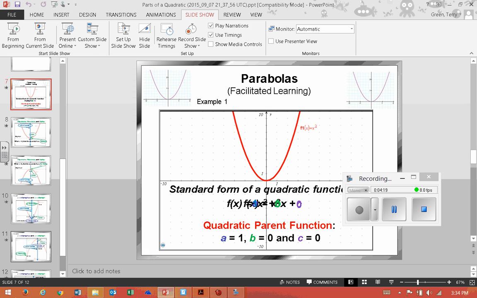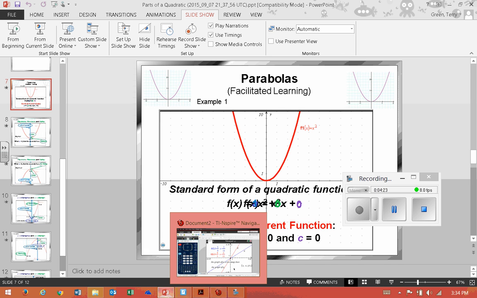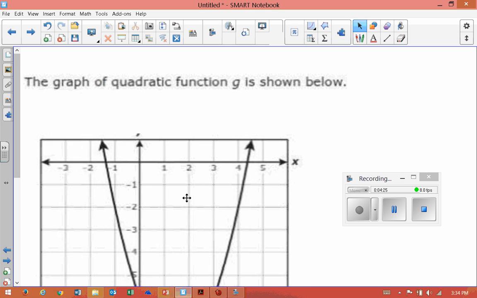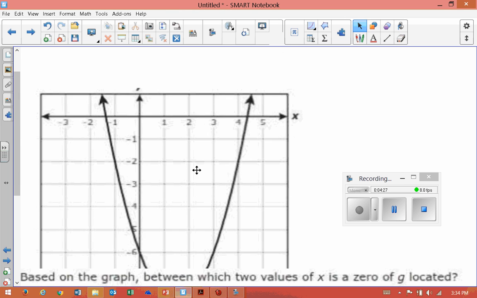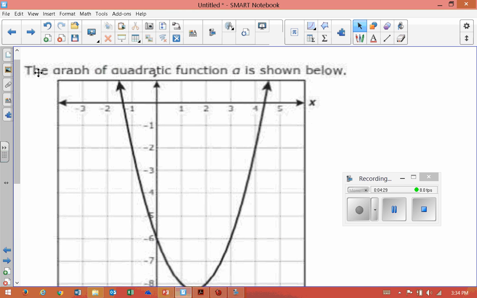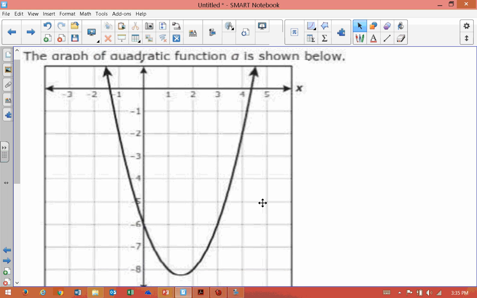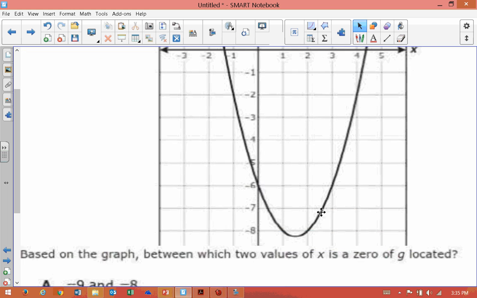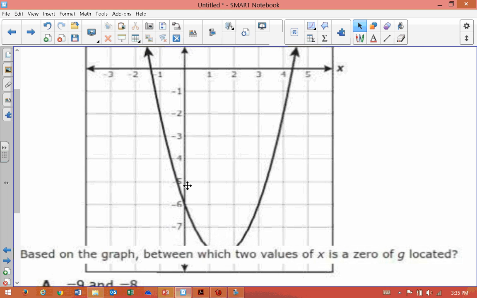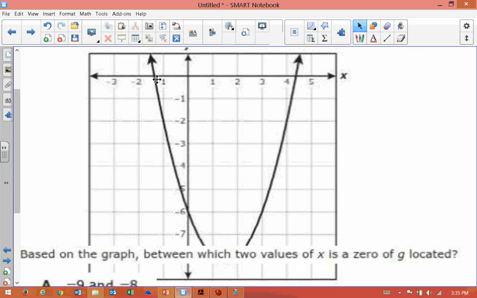Now that said, let's go back to the problem that we were looking at. Here is the graph that we've been given. If you look at this graph, you can see that there are 2 zeros, or x-intercepts. We don't know exactly where one is, but we see that it's between -2 and -1.